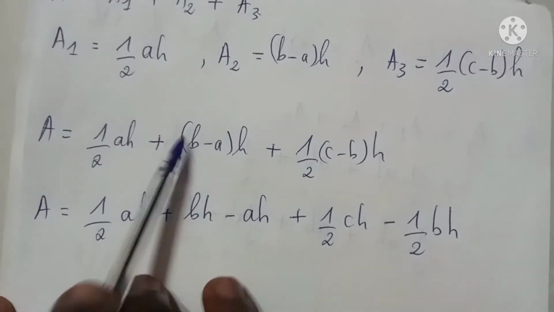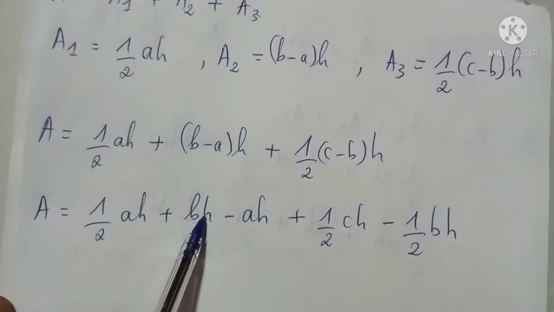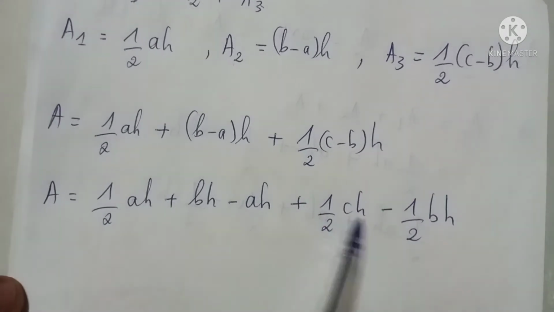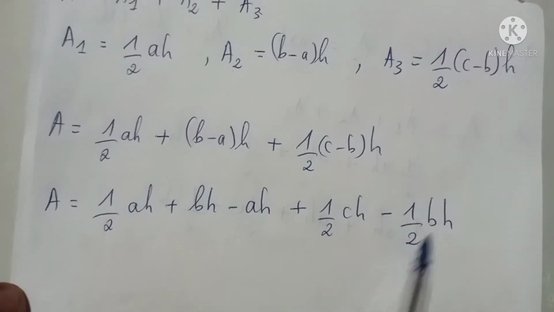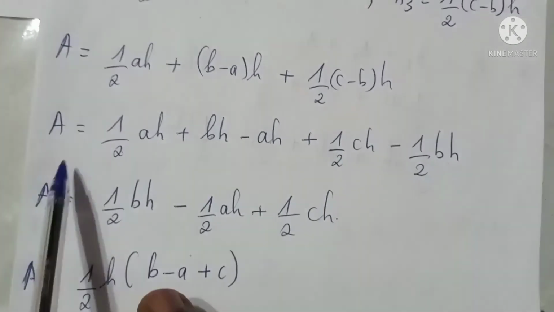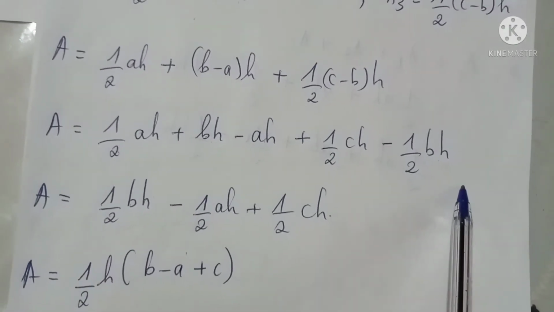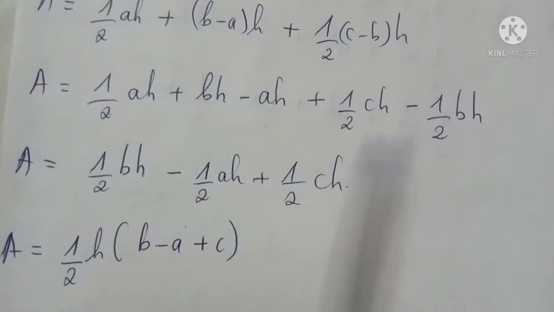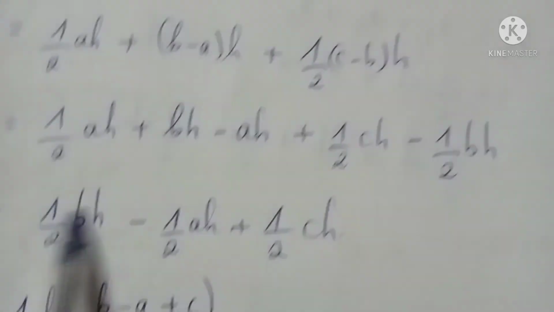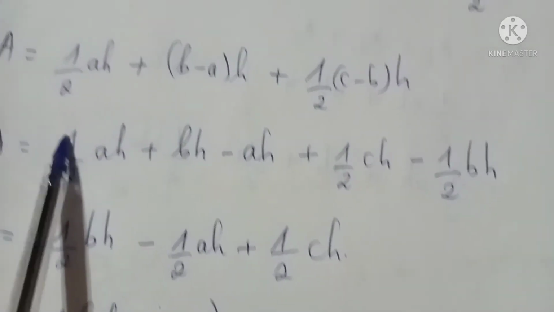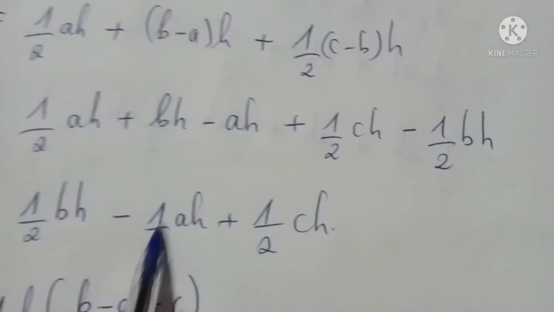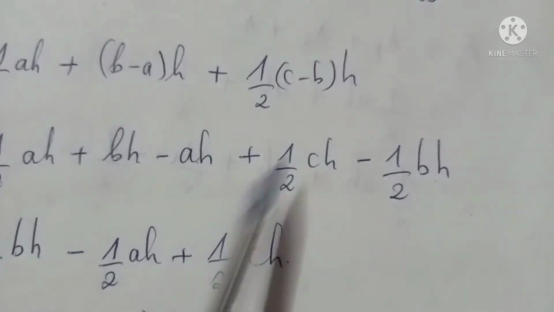When we expand, we have b h minus a h plus half c h minus half b h. Now if you look keenly, you see that we have b h minus half b h, which is equal to half b h. And now we have half a h minus a h, which is equal to minus half a h, plus half c h.